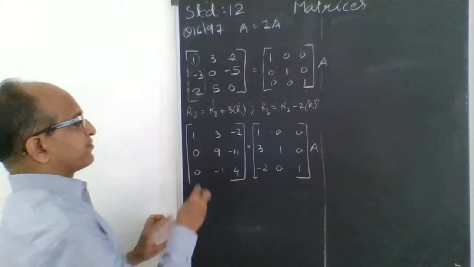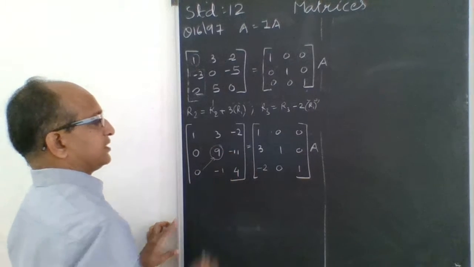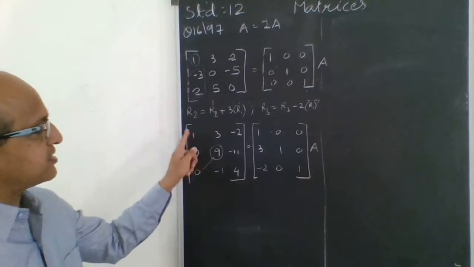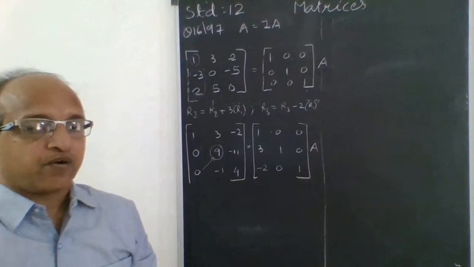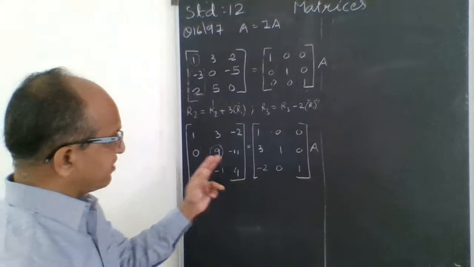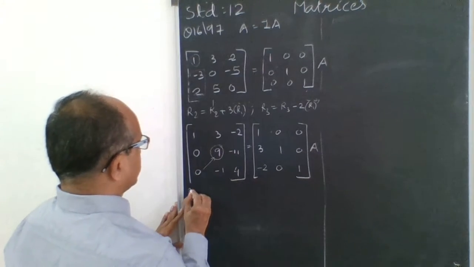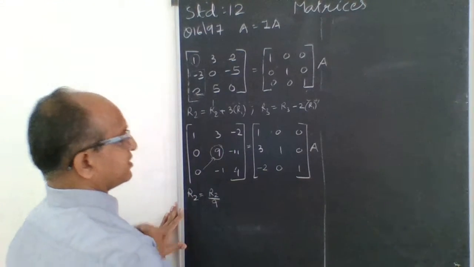Now see, this is done. Then from here we will go to here. That is 9, and we want 1 there because identity matrix diagonal elements will be 1. So how will we get 1? Can we divide this by 9? Right? So R2 we will divide by 9.